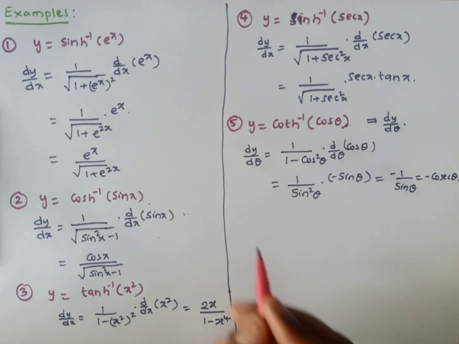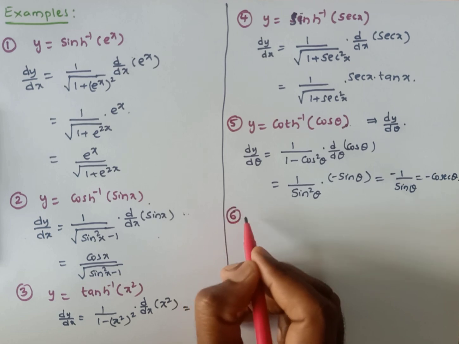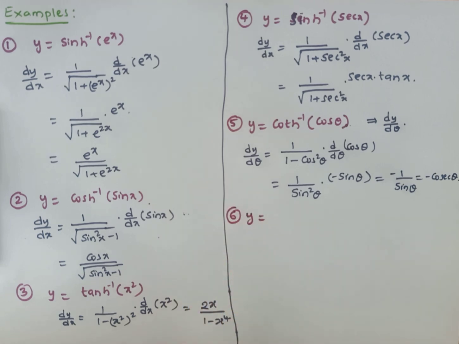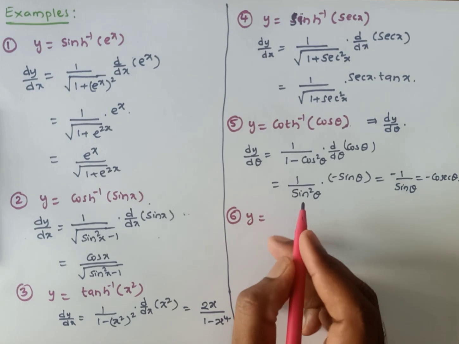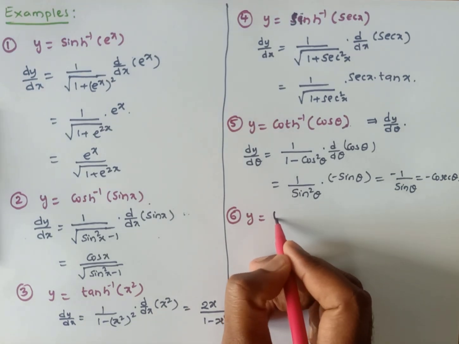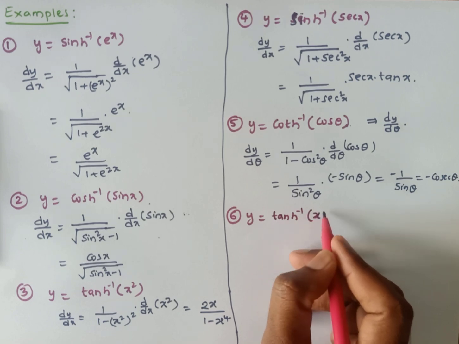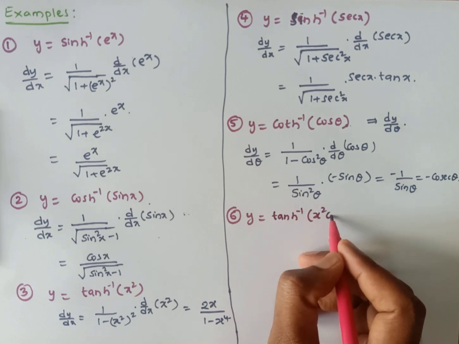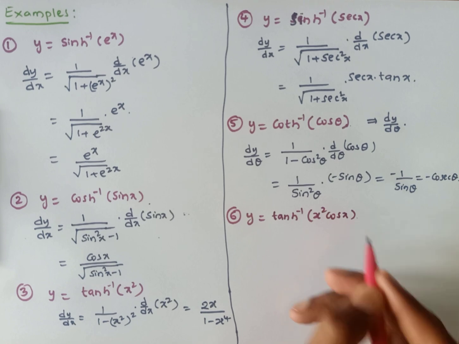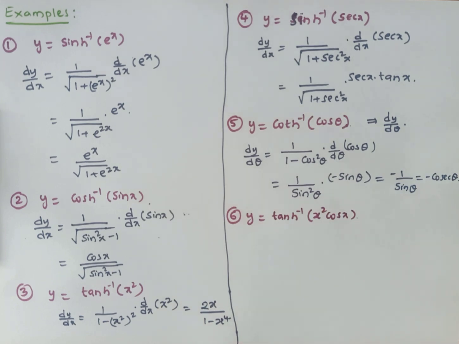Then the sixth one, y equals tanh inverse of x square into cos x. An interesting problem.